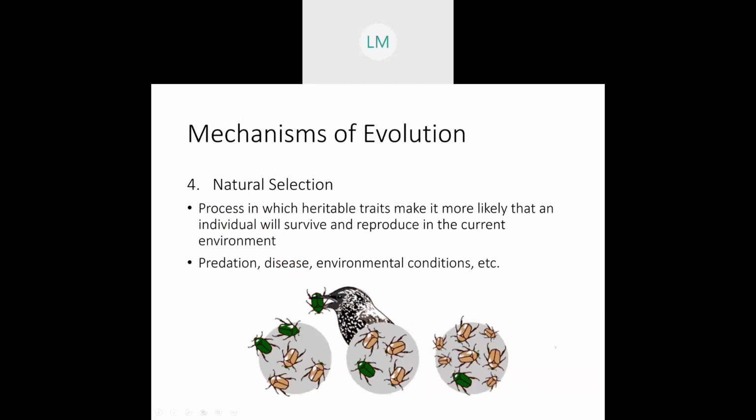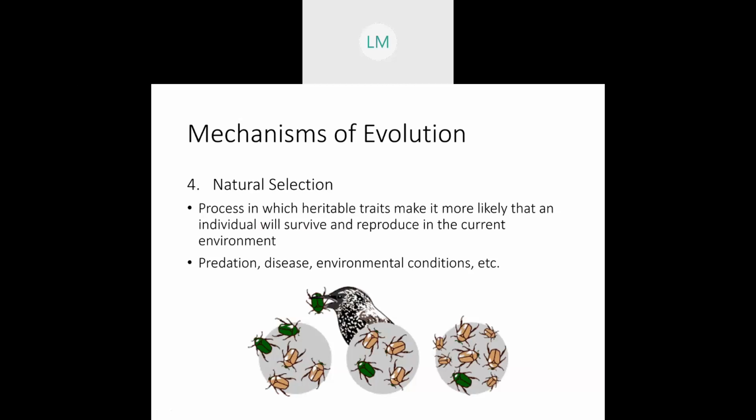So this example was predation, but it's not just predation. Natural selection can happen in a few different ways. Disease is another one. If there's something about your genetic makeup that makes you resistant to some sort of disease, you are more likely to survive and reproduce in an environment where disease is present. Environmental conditions might be important, right?